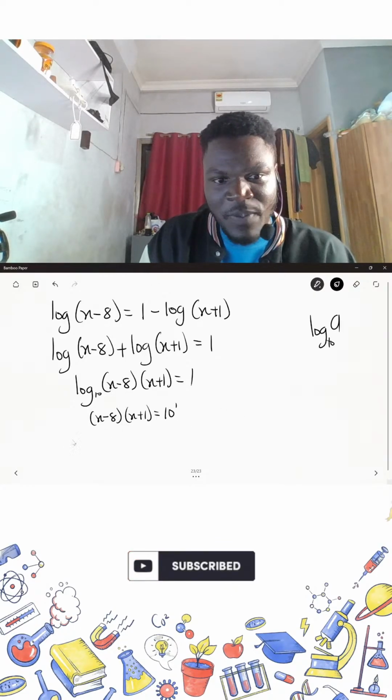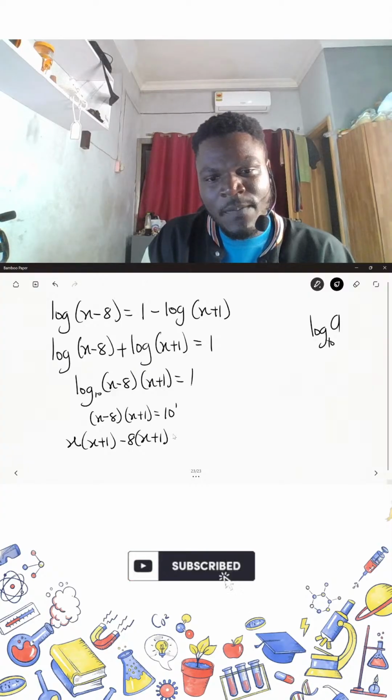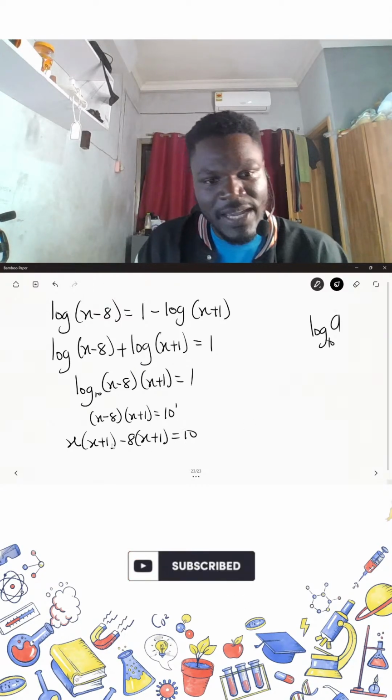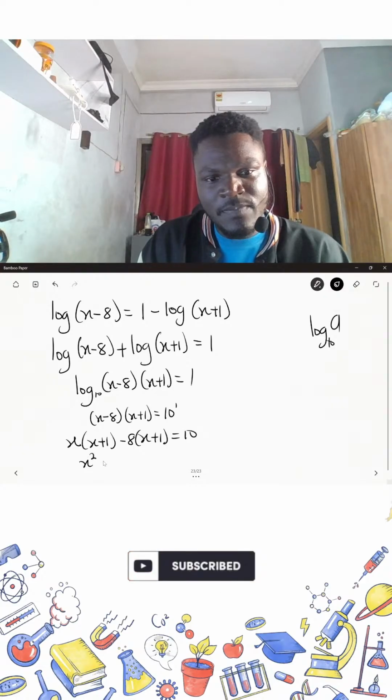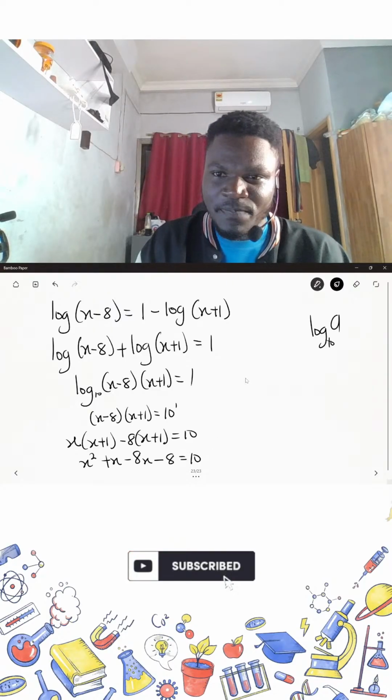So we'll now expand this bracket. So we have x times x plus 1, then minus 8 times x plus 1, and this is equal to 10. From here, I can expand my bracket. So I have x squared plus x minus 8x minus 8, and this is equal to 10.